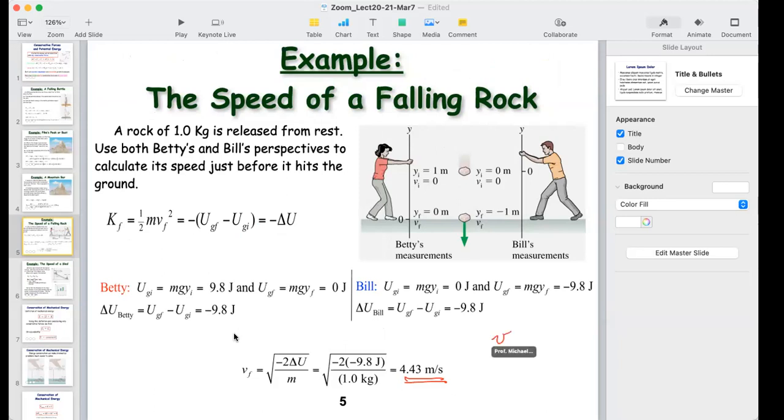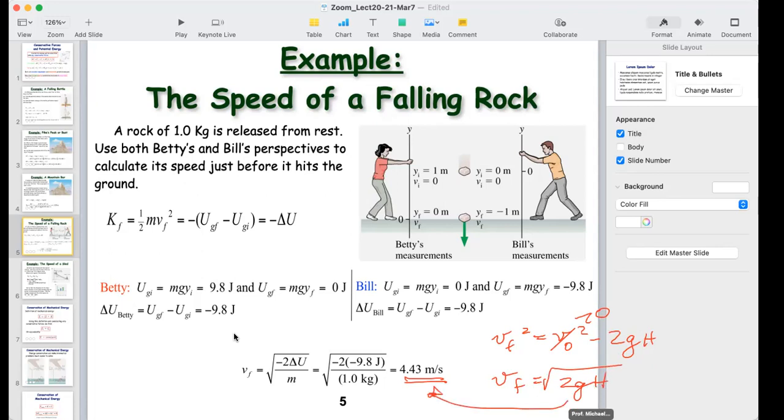Because from free fall, you would have said, v final squared is equal to v initial squared minus 2 g h, if h is the total height that it falls through. If we start from rest, then v final would be equal to the square root of 2 g h, and we would have gotten exactly that same final answer. It's good that it should agree in this particular case. But this is a very good point.